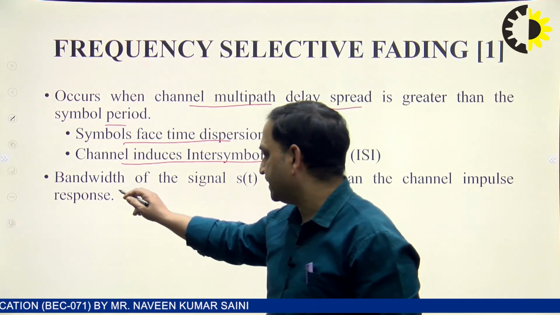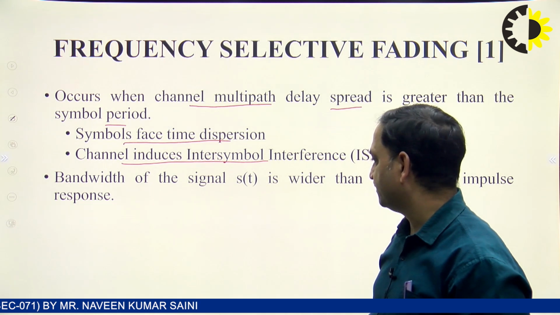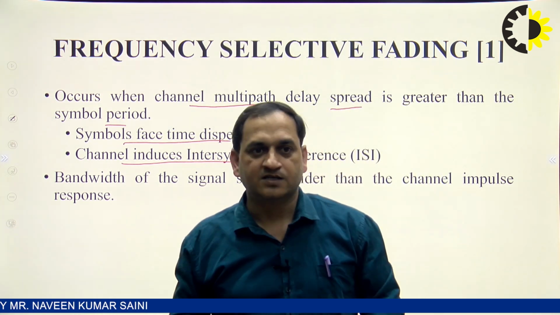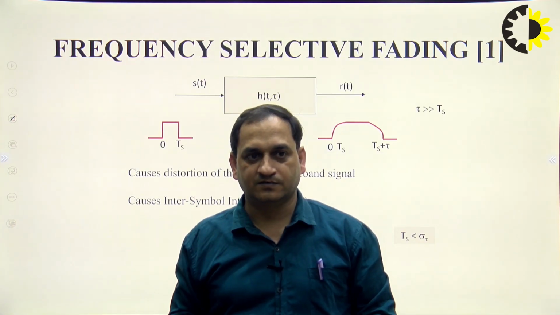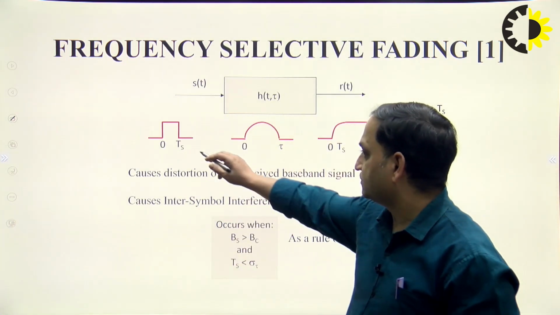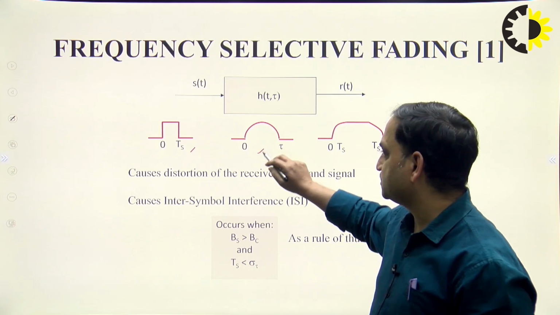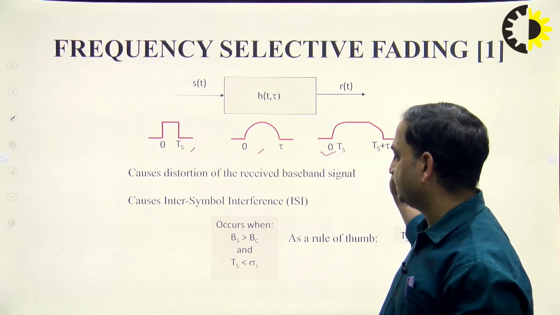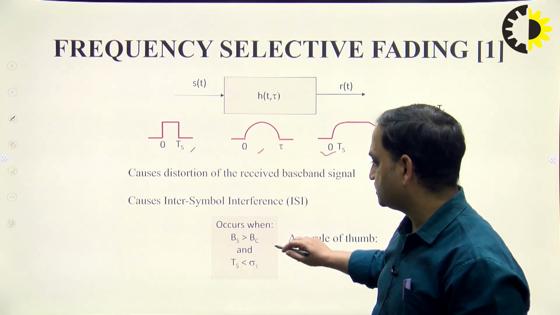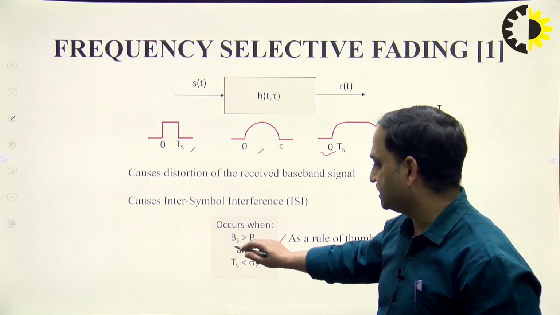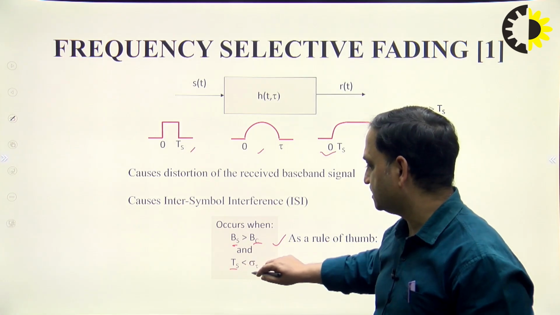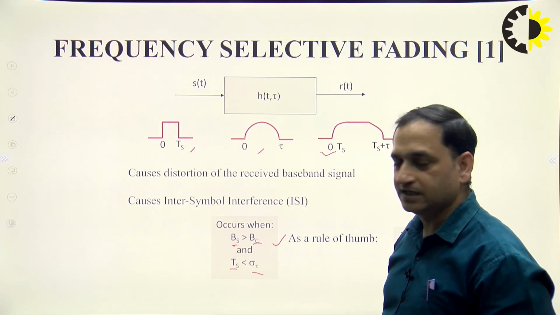In this, the bandwidth of the signal s(t) is wider as compared to the channel impulse response, right? So we can see the transmitted signal, this is the channel, and this is the received wider band of the transmitted signal. These two are the conditions I just mentioned in the previous slide: Bs is greater than Bc, Ts is less than the delay spread tau.